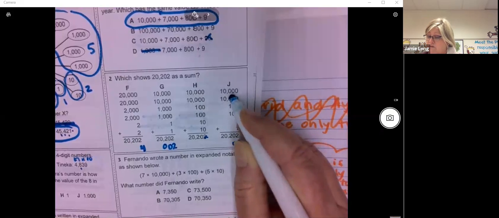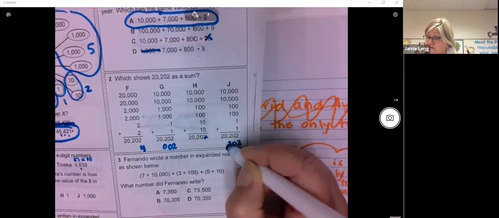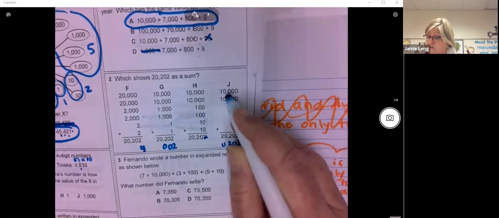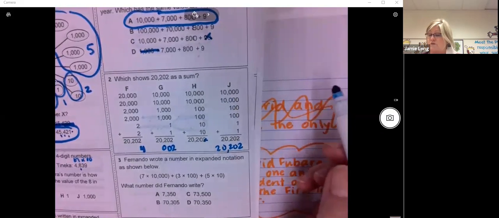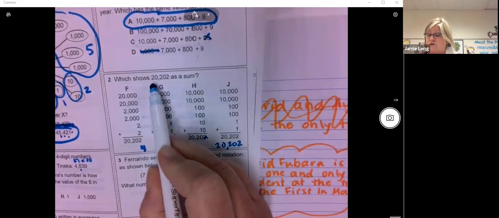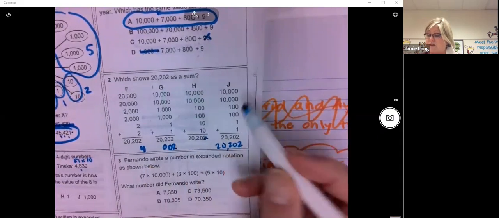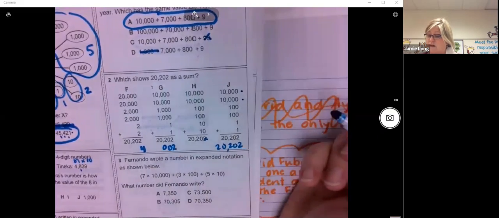Or you could do this one, 0, 0, 0, 0, 0, and you get a 2, and you get 0, 0, 0, 0, 0, 0 plus 0 is 0, 0, 0 plus 1 plus 1 is 2, 0 plus 0 is 0, 1 plus 1 is 2. Or you could do, which one shows two 10,000s? There's one, there's two 10,000s.